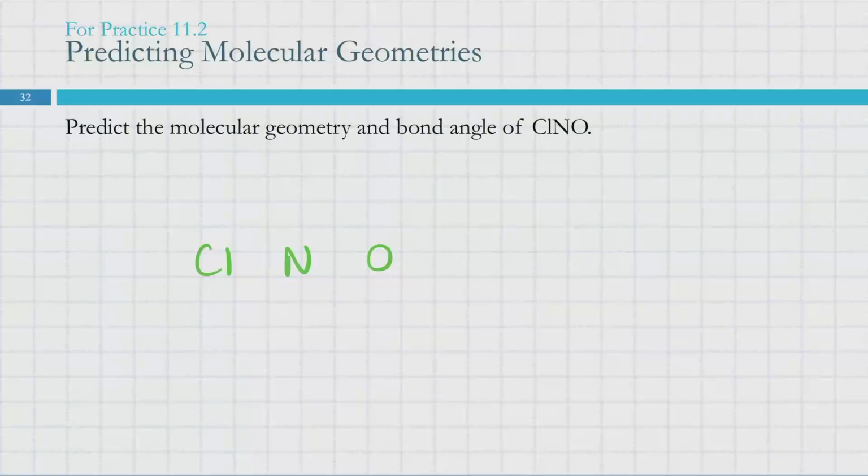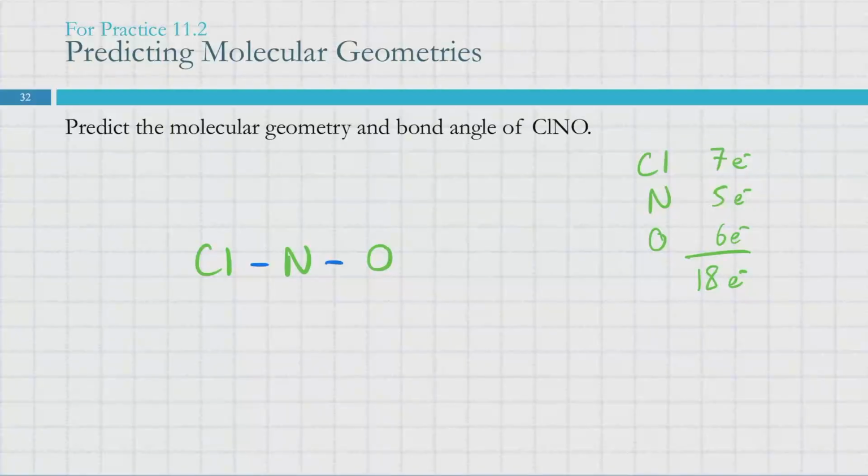In order for us to figure that out, we would have to do formal charges, because oxygen could also be in the middle. We count up our number of electrons. Chlorine has 7, nitrogen has 5, oxygen has 6. We get 18 electrons.